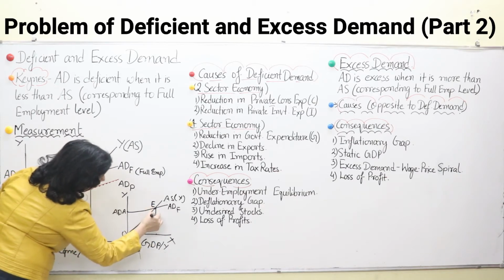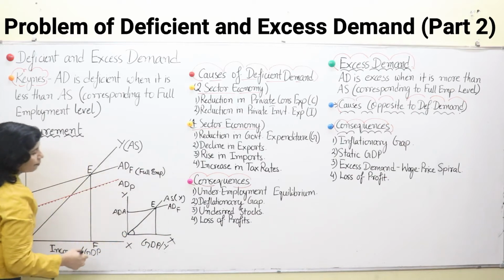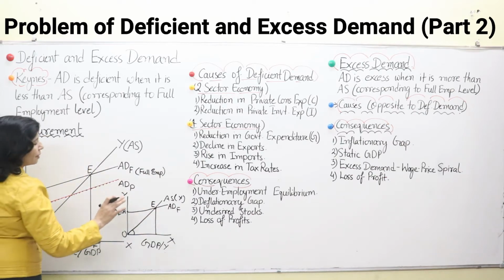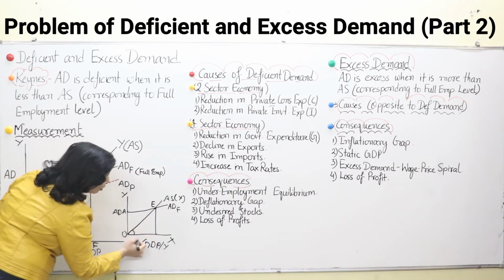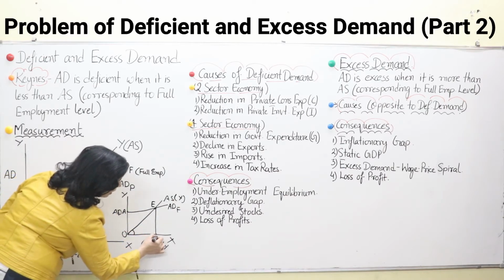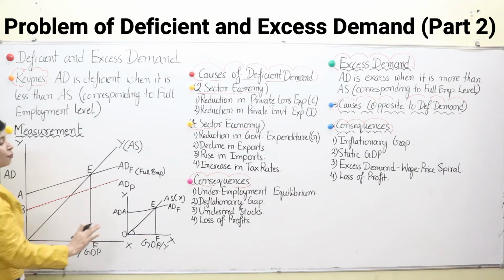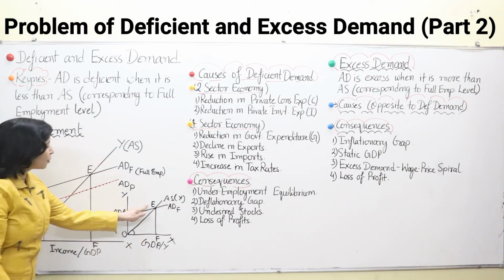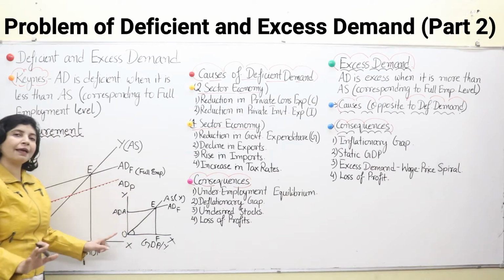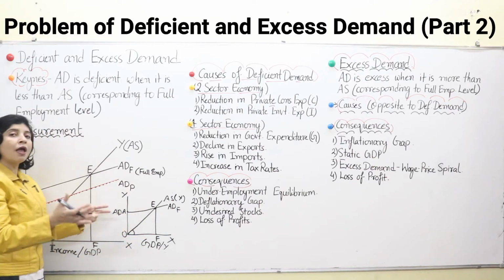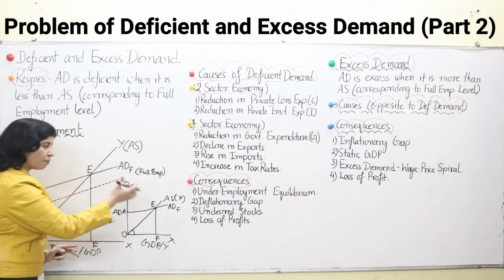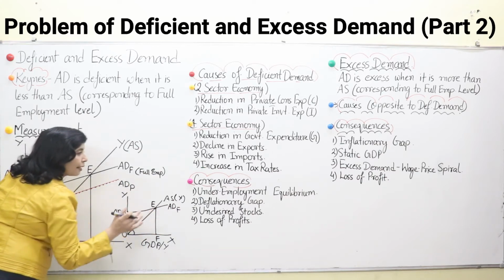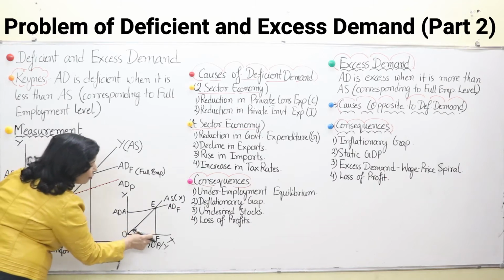So what is this level? This is the full employment level of GDP, and we can name it F. F is for full employment. To make it easy, I am naming them. You don't have to worry about these points E, A, F. You don't have to memorize them from your book or from this diagram. You can name them on your own, whatever name you think is right. So this is the full employment level.